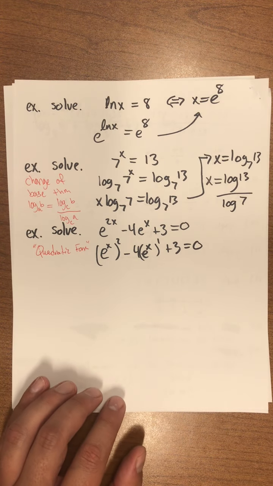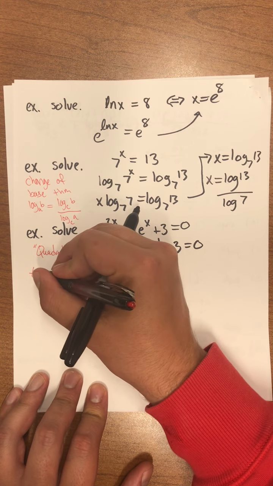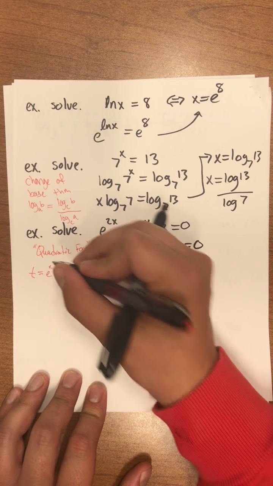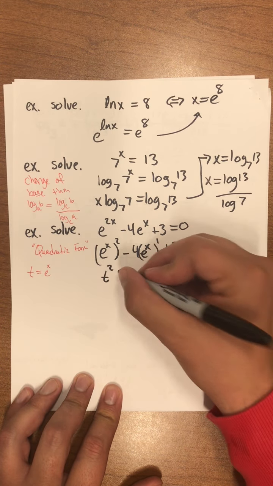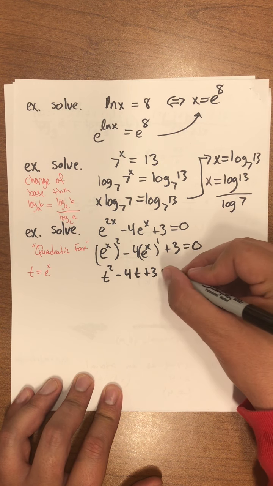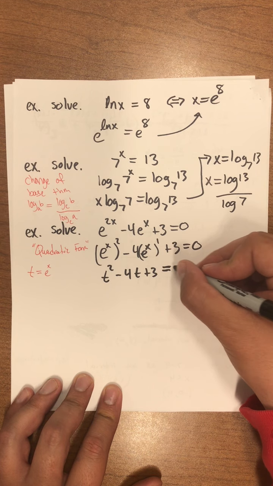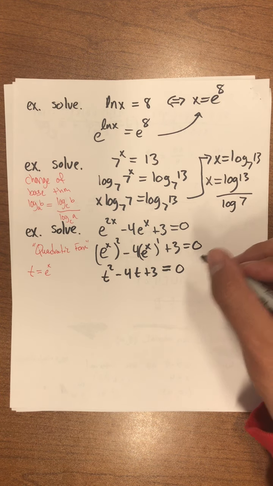But we can say something like, let's just pick, I don't know, t. Let's say t is equal to e to the x. So then we would have t squared minus 4t plus 3, just to make it look like something other than that exponential equation that we can solve.